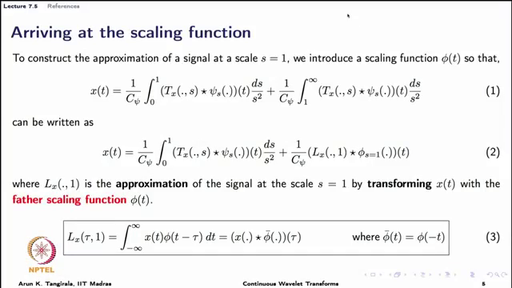For this, what we do is we start with the recovery expression or the inverse continuous wavelet transform expression, assuming that we are using a wavelet that is admissible. In other words, the C psi exists, it is of finite value and non-zero.